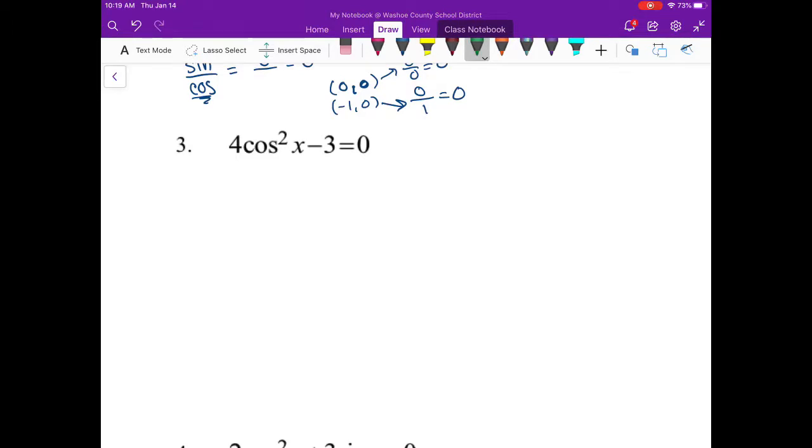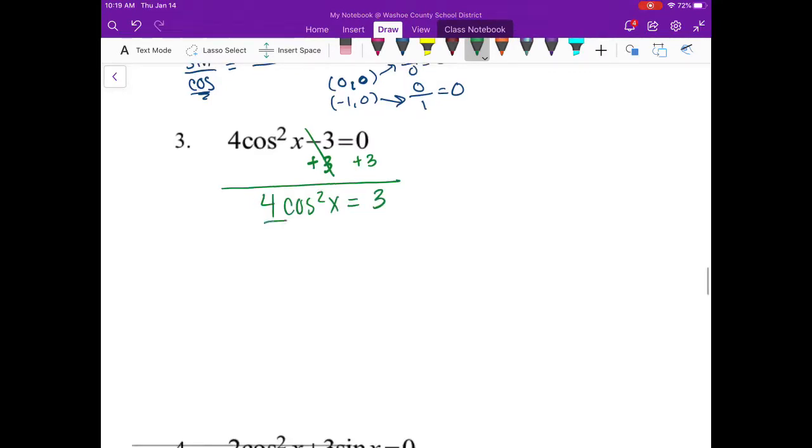So in this case, because I have cosine squared of x, I actually don't want this just set equal to 0 because I see this 3. And if I were to add this 3 over, and because the value of cosine is being squared, I know eventually I can get this to be a square root of 3, which would really help me out, okay? So I'm going to do that instead. Still isolate your trig term.